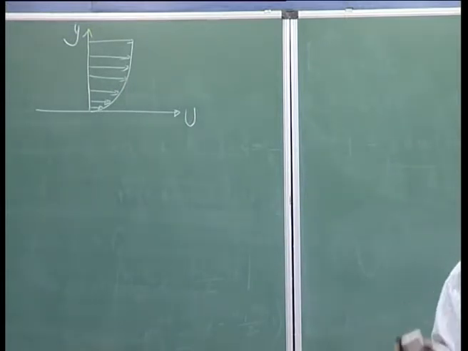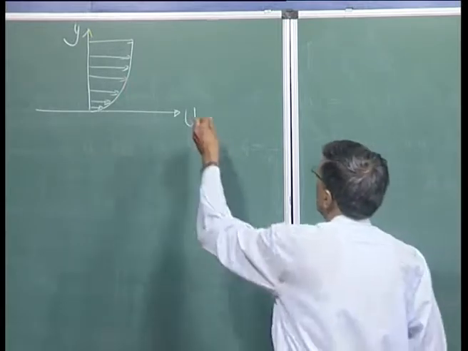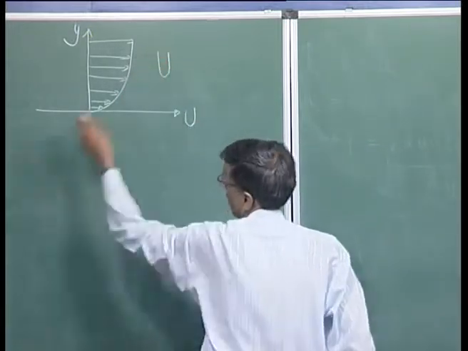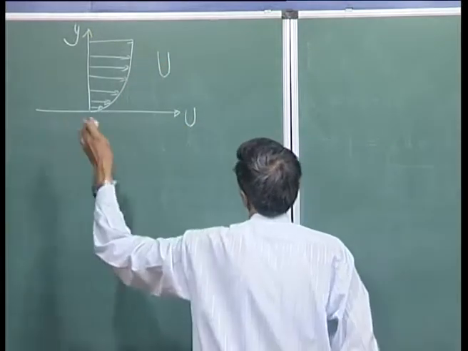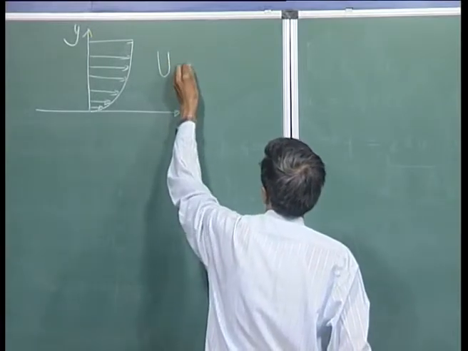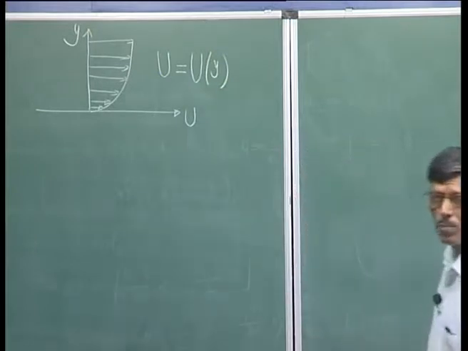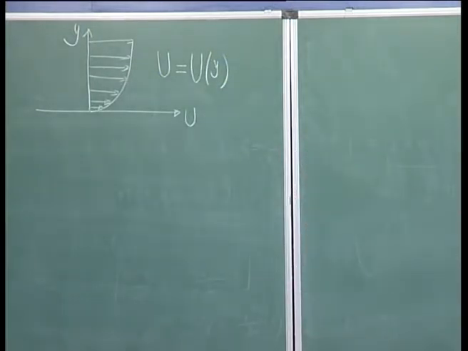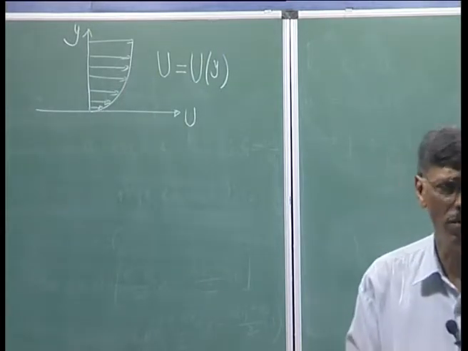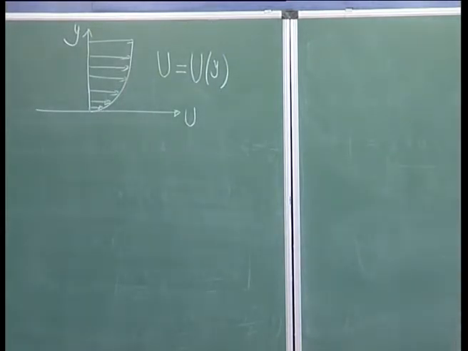We keep the lowercase notations for disturbance quantities. So what we have here is, of course, the mean flow. Earlier u2 was constant, u1 was constant, but here u is going to be u of y. So Rayleigh, Helmholtz, Kelvin, they were all aware that the mean flow can have shear.